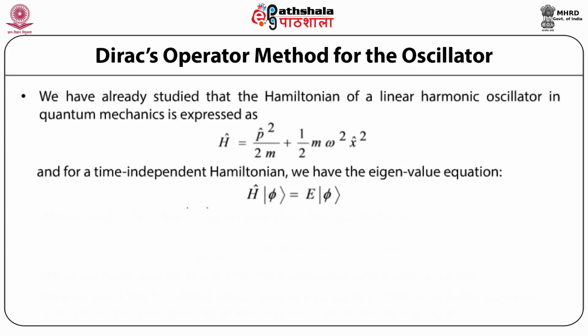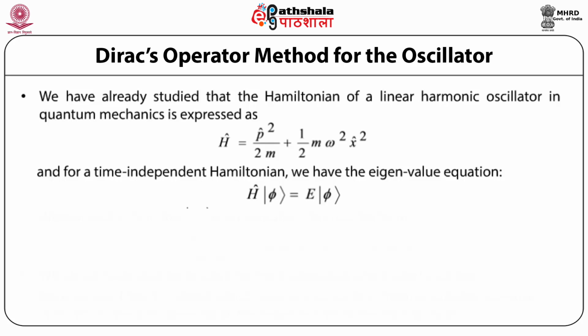In quantum mechanics, the classical quantities x and p, that is, the position and the momentum, are replaced by the corresponding operators in terms of which the Hamiltonian operator of the system is expressed.